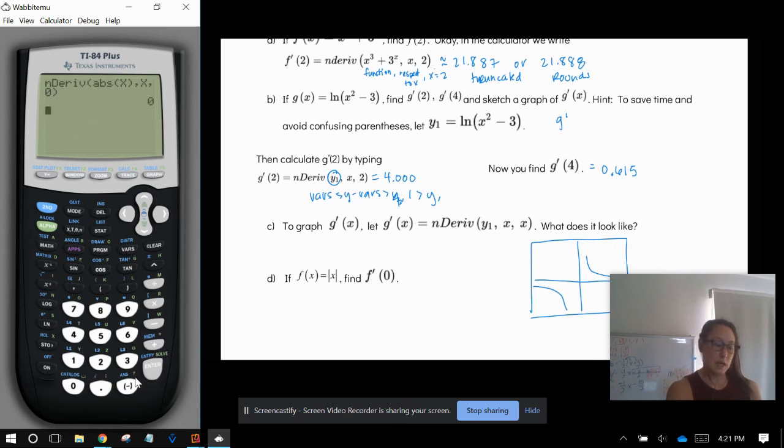And I get 0. But we know that the derivative does not exist. So again, you're going to have to be really careful here. Okay? Super, super careful.